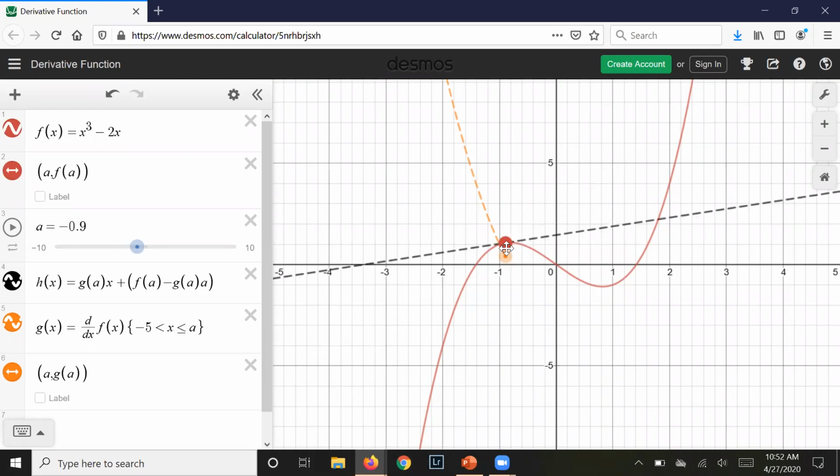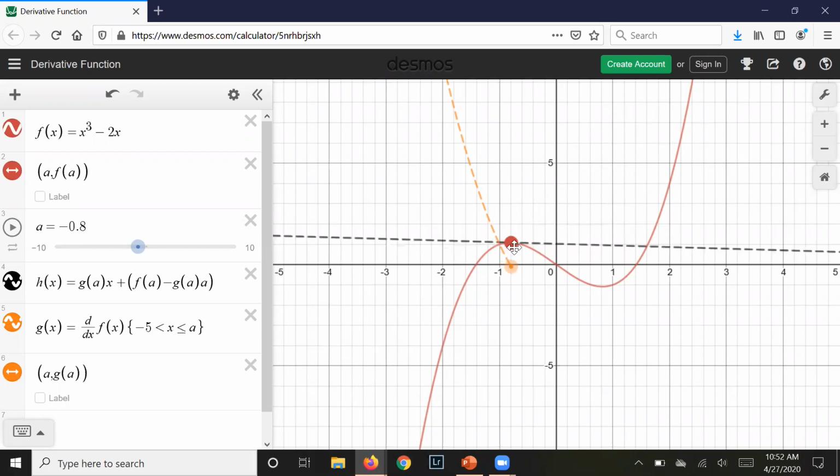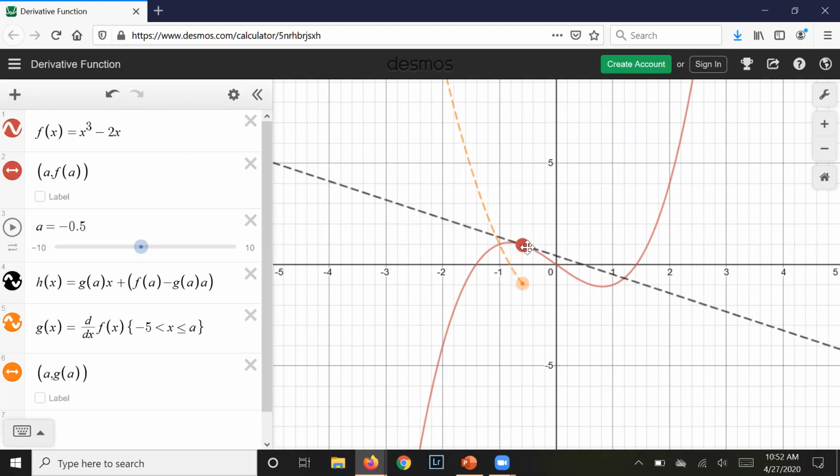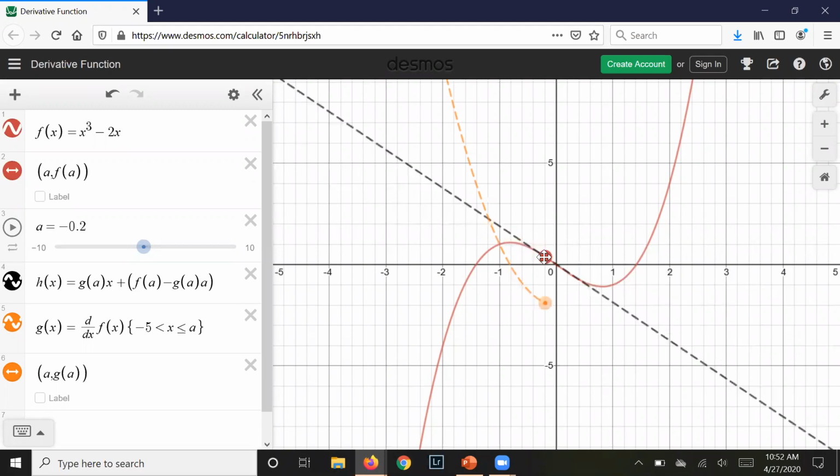And notice what happens here. The slope is positive, so the orange function is above the horizontal axis. But as I tick over to here, that line starts to slope down, and the orange function has gone below the horizontal axis because the slopes are now negative. As I trace along here, it stays below the horizontal axis because our lines are sloping down.